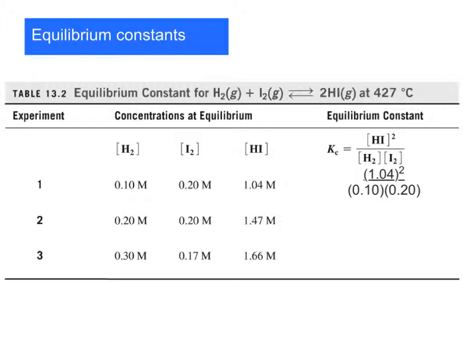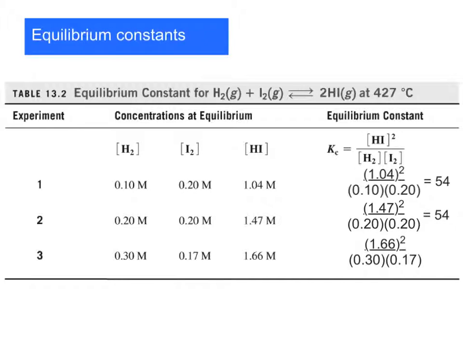If we multiply all that out, we get 54. For the next one, we have 1.47 squared divided by 0.2 times 0.2, which gives us 54. And for the third one, we have 1.66 squared divided by 0.3 times 0.17, which again gives us 54.